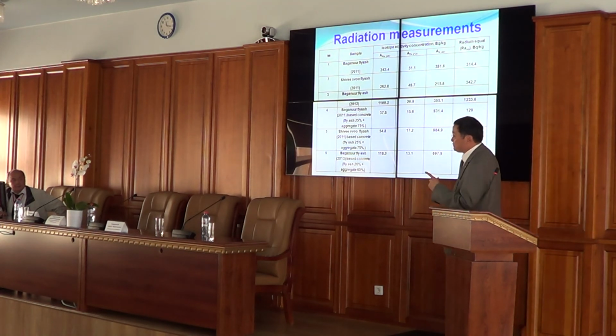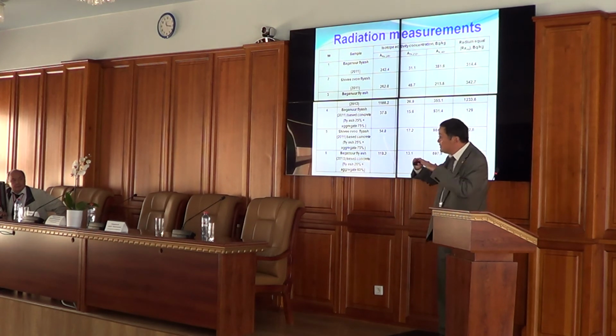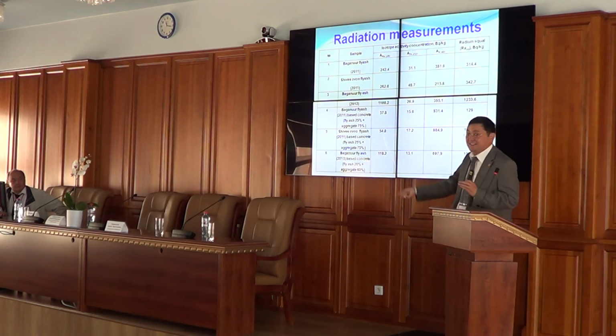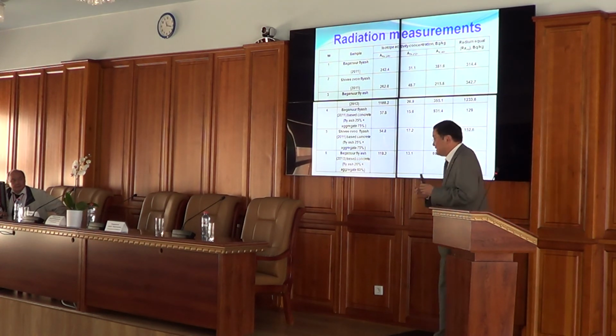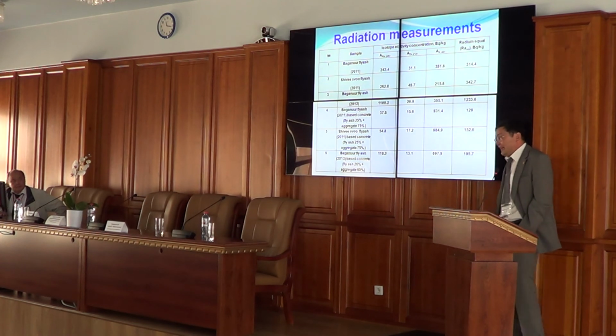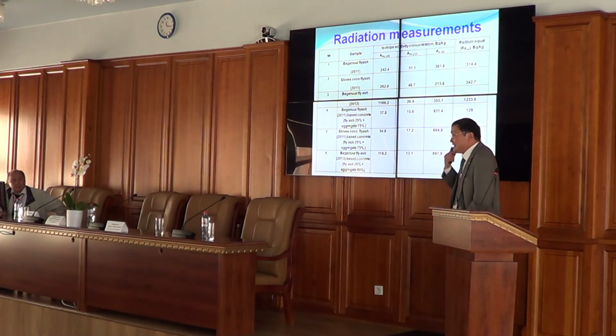It depends on the properties and on each coal layer. In Mongolian fly ash, some coal layers have higher radiation, some lower, so we cannot say exactly that it's very high or very low. Even at higher radiation levels, if we add aggregate, we are able to reduce the radiation value 4 times.